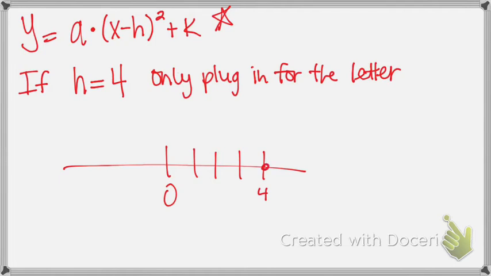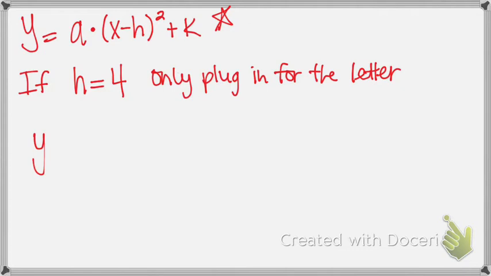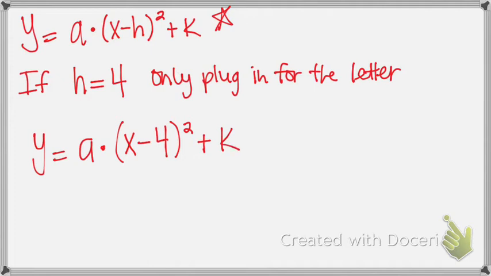Now, when I plug 4 into that equation, y equals A times x minus 4 squared plus k. Do you see how I plugged 4 in for just the letter H? Shake your head yes if you see that I plugged it just in for the letter H.